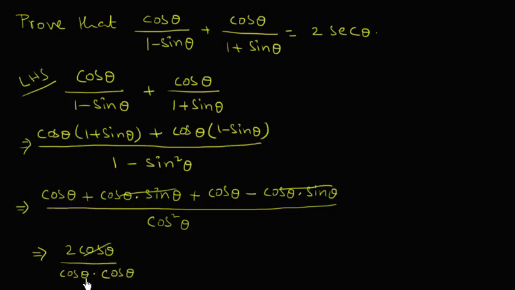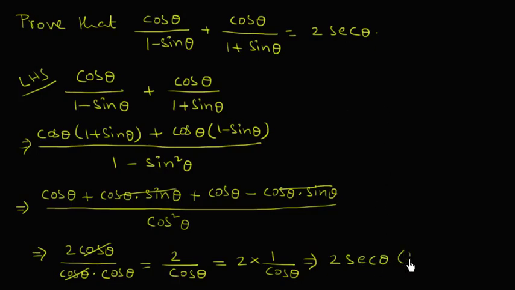So one cos theta cancels and we have 2 by cos theta, which is 2 into 1 by cos theta. The inverse of cos is secant theta. So this is the RHS. When we simplified the LHS, we got the RHS. This is the proof.